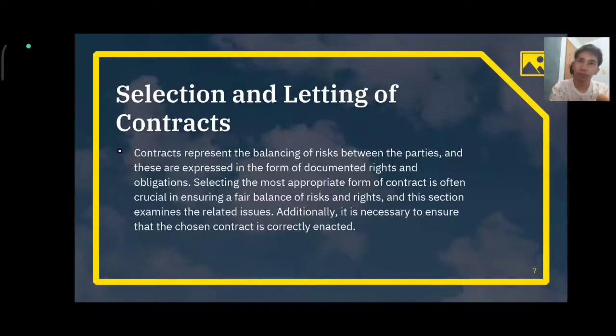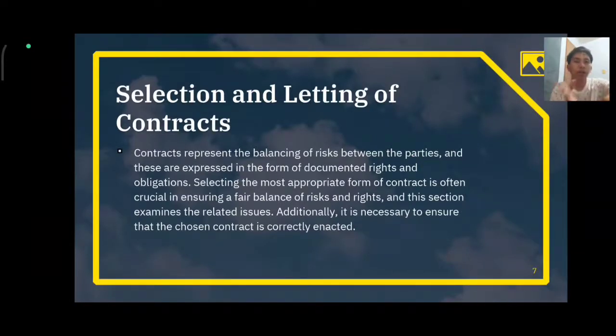Then, si selection and letting of contracts, siya yung pipili ng pinaka-applicable na contract doon sa party. And yung letting is yung process of receiving bids prior to any award of construction contract for any portion of the project, based on lawinsider.com, yun yung explanation ng let or letting.